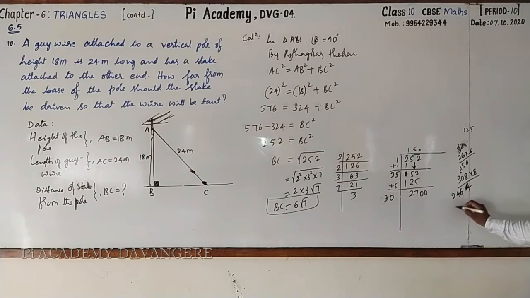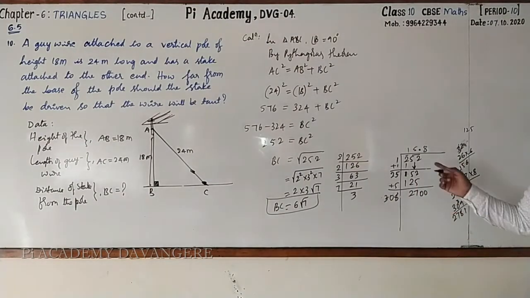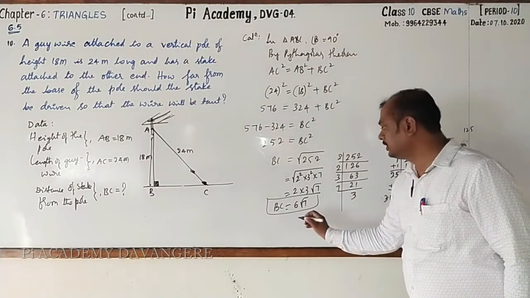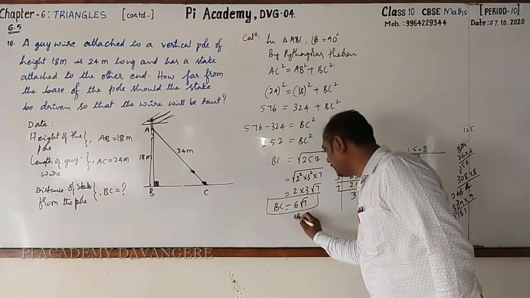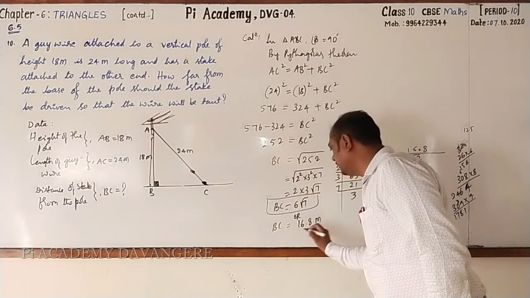Or 309 into 9. 9 9s are 81, 8 is the carry, 9 3s are 27, 2781. But it won't come. We can go for 8. So 15.8, or here I'll write, BC is equal to 16.8 meter.